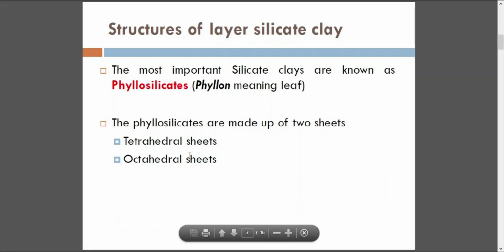We also see that the most important silicate clays are known as phyllosilicates, and these phyllosilicates are made up of two sheets. We have the tetrahedral sheets and the octahedral sheets.